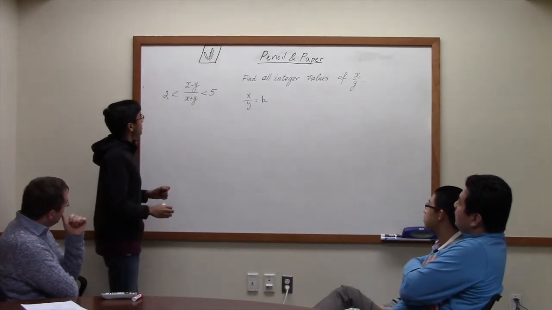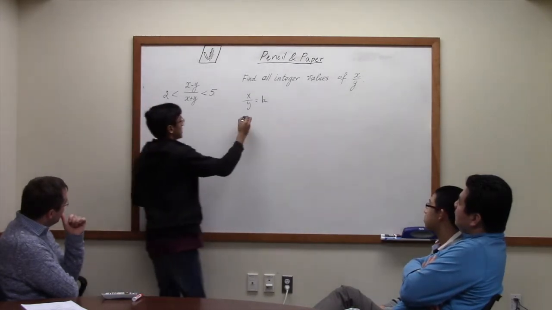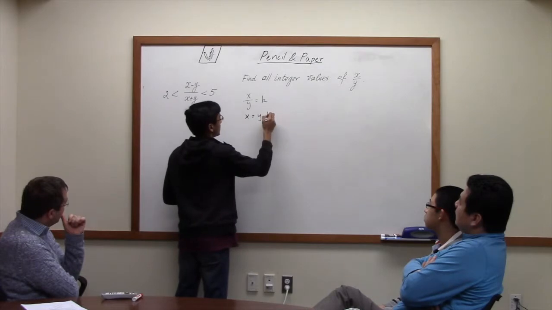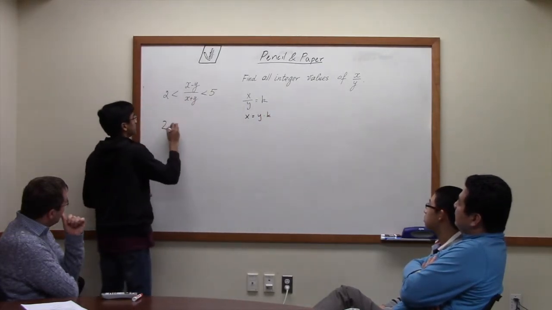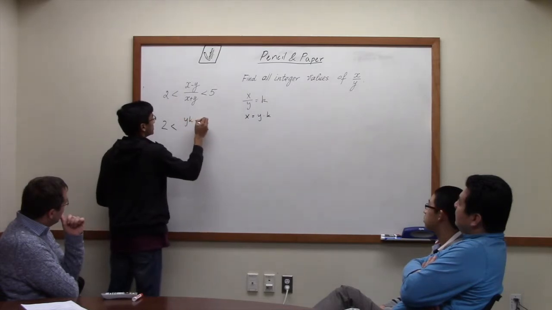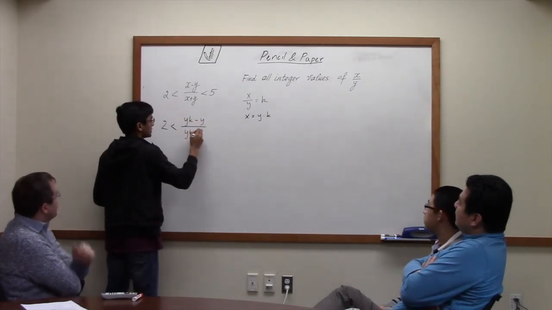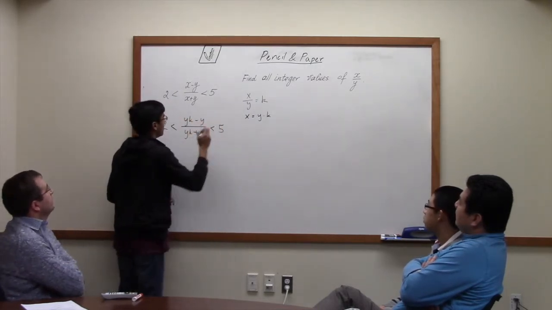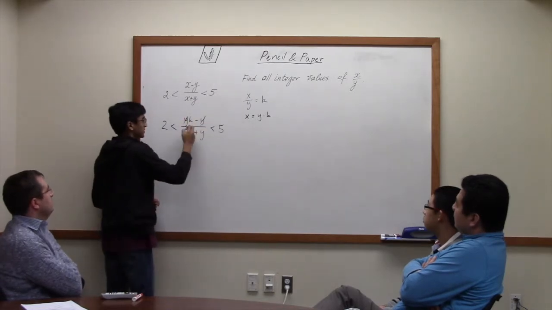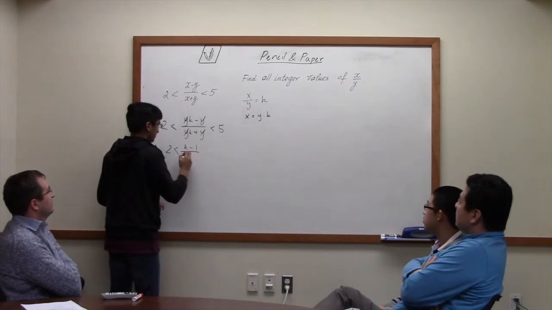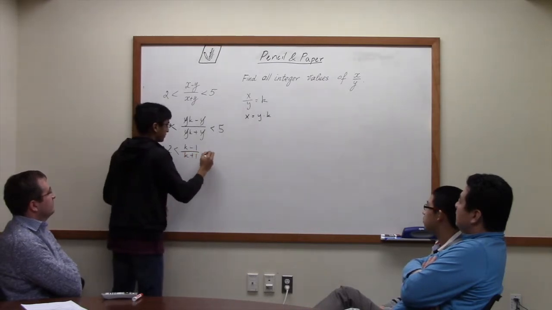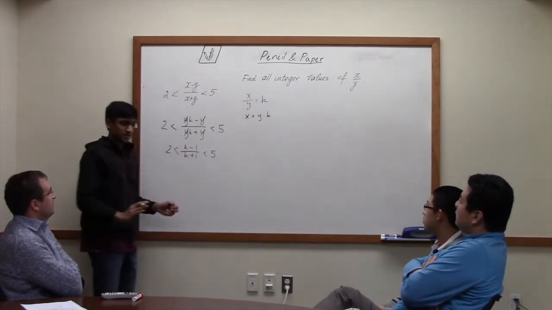And we also know that means x is equal to y times k. So if we plug it into this, we get 2 less than yk minus y over yk plus y less than 5. And now all the y's cancel. So this is looking good already. We don't have any hopes yet.